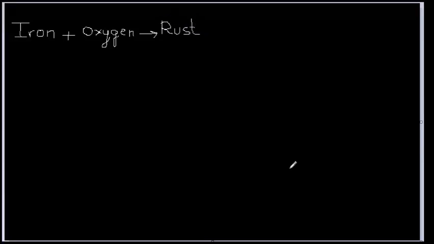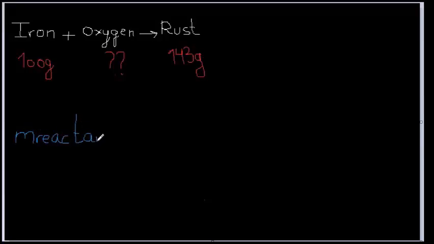So the word equation would be iron plus oxygen arrow rust. We have 100 grams of iron, and 143 grams of rust are produced. So what is the mass of oxygen? According to the law of conservation of mass, the mass of the reactants is equal to the mass of the products.